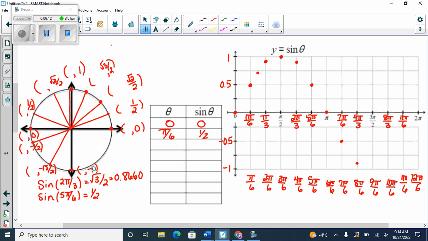So we're just taking the y values. And then this one is negative root 3 over 2, or 0.866. This one is negative a half. And then we're back to 0.